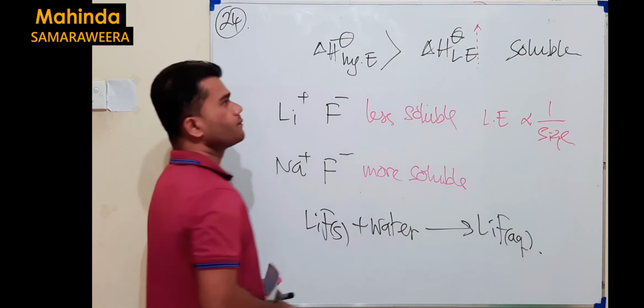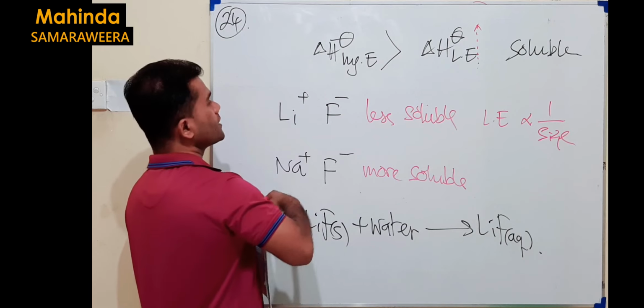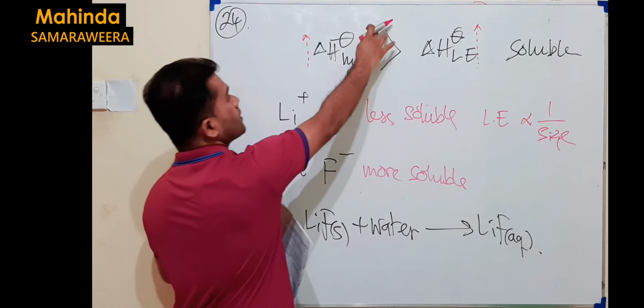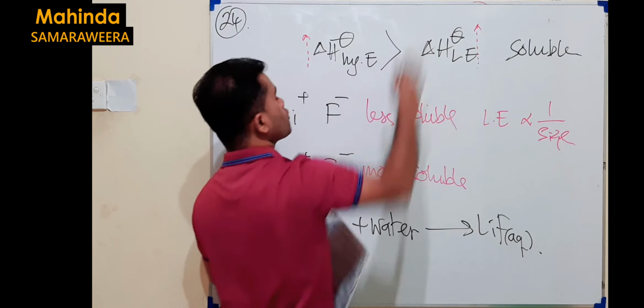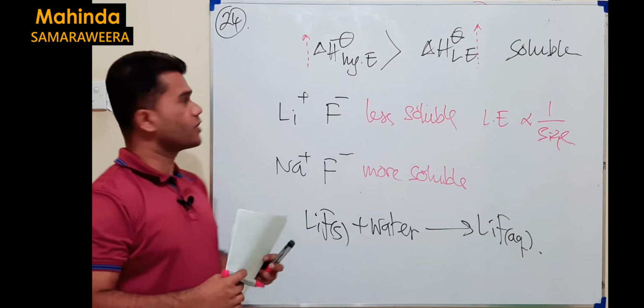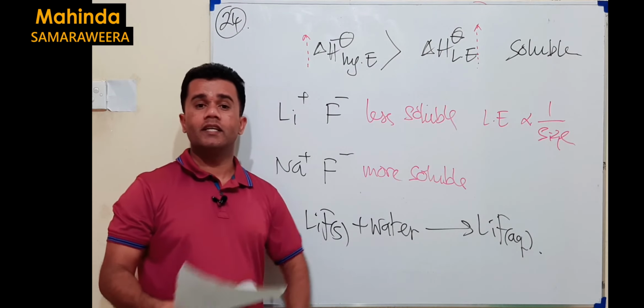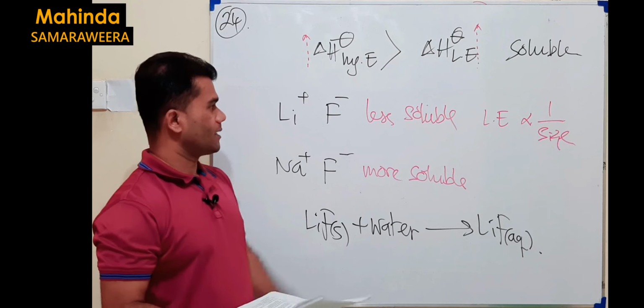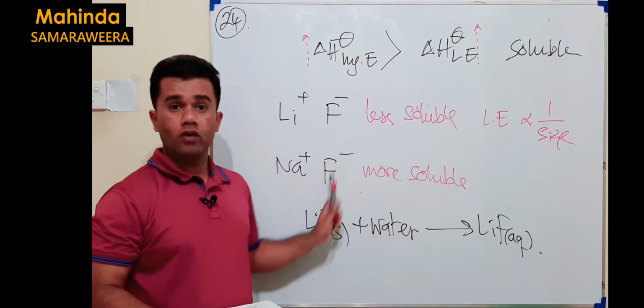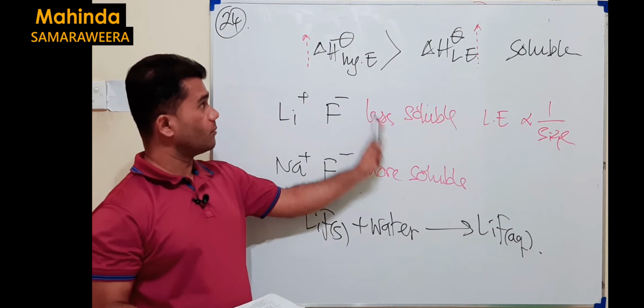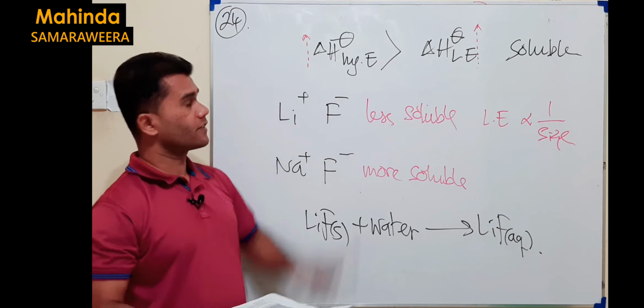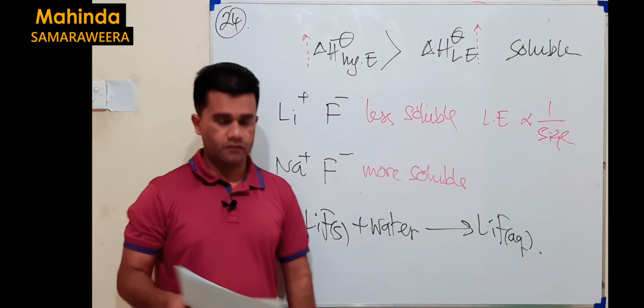You know, if hydration enthalpy increases and is greater than lattice energy, then it's more soluble. If hydration increases, the solubility should increase. But this says less soluble compared to other halides. So no, it's not a correct reason for this.